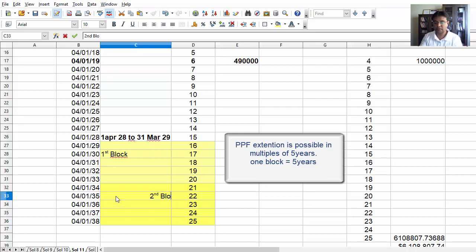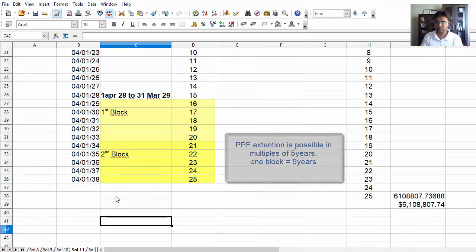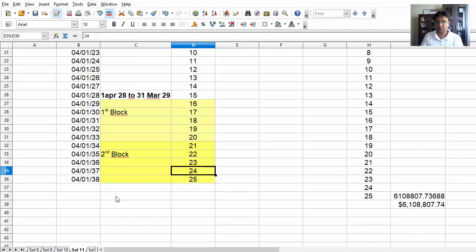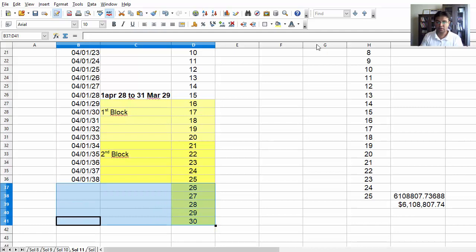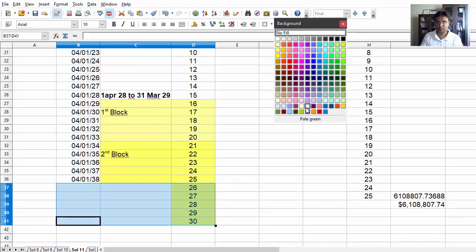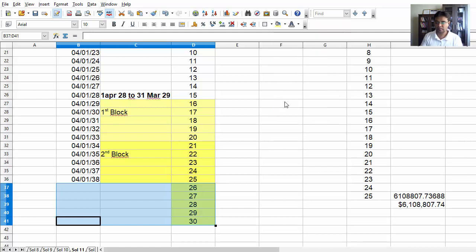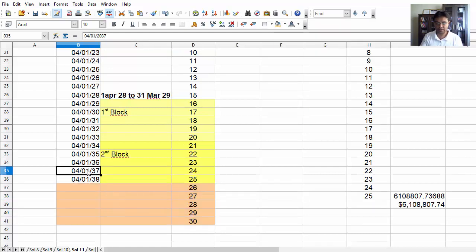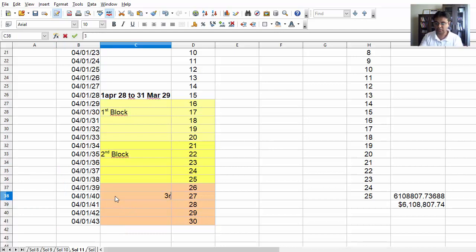So this is second block. And there is third block. There is more, in total there are 3 blocks. So 26 to 30. And this is the third block. And let me again take the years, and here I'll put third block.